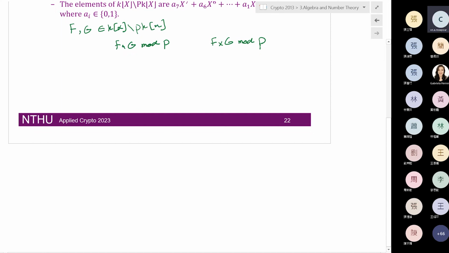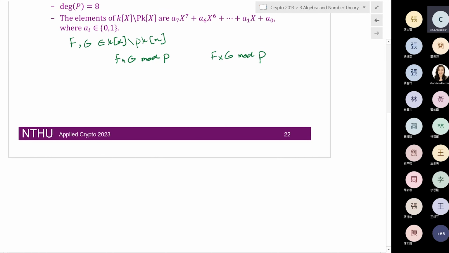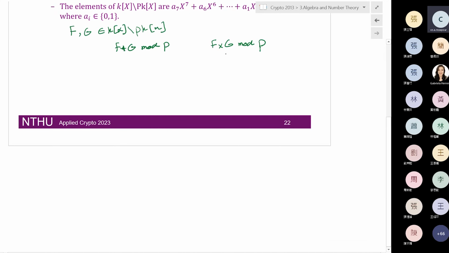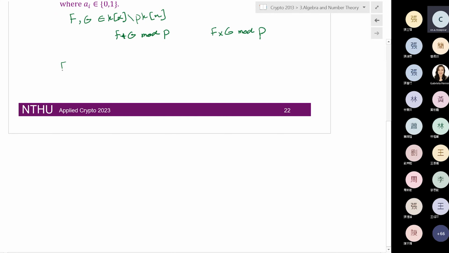Let me give you the problem statement before we go to the break time. So when we come back, for addition, this modular p is not very interesting. It's very easy to compute, but I think we want to go through an example over here. Let me define f to be x to the 6 plus x to the 5 plus x plus 1.